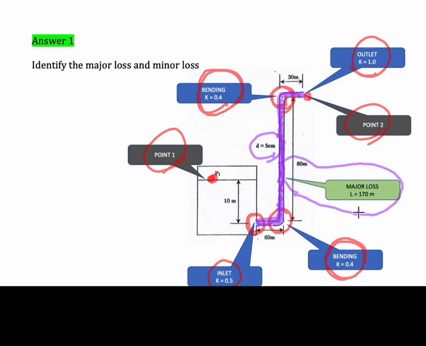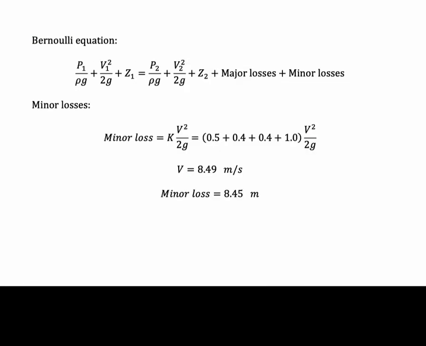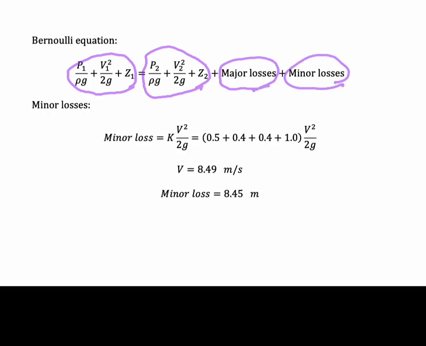So the total length here is 170 meters. And then we develop Bernoulli equation. So we have the energy at inlet here, and then this is the Bernoulli equation at point 2. So we add major losses and minor losses.